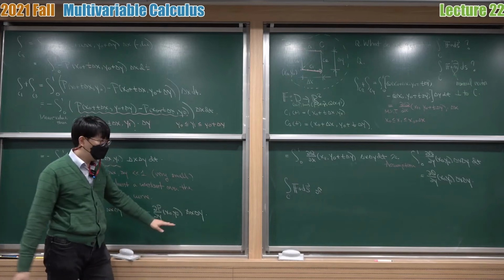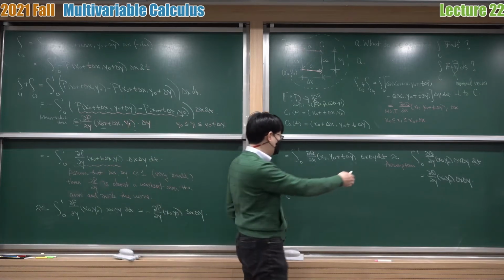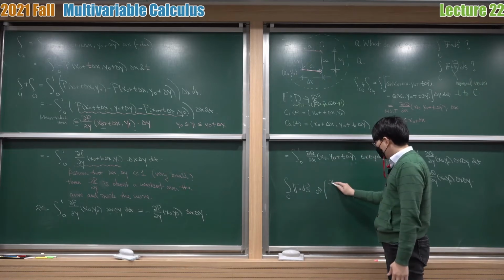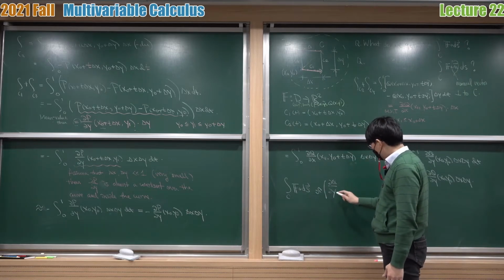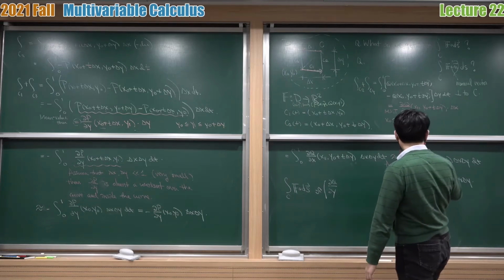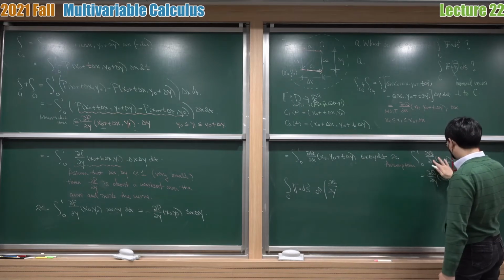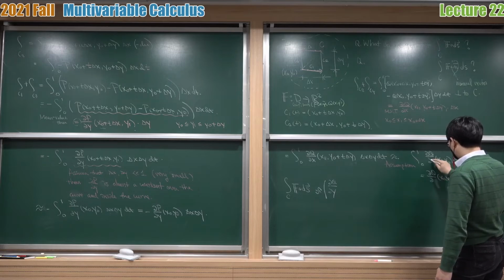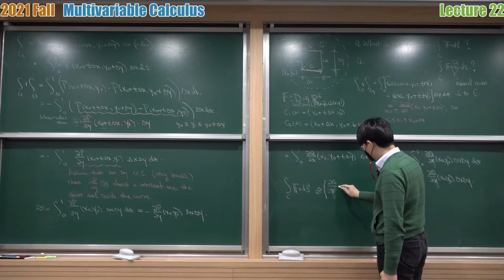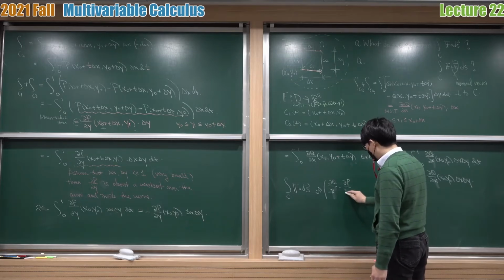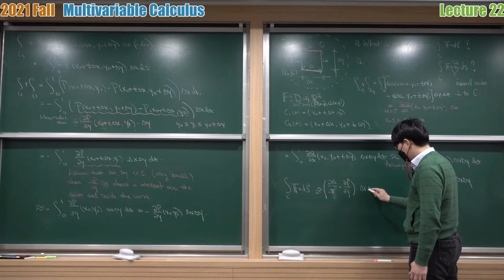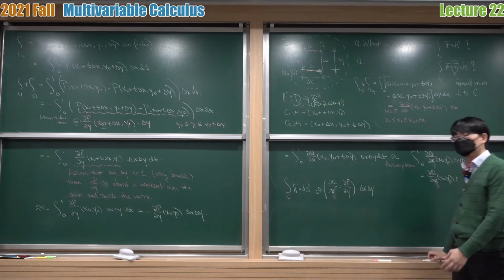This one and that one. These two contain Δx and Δy. This is x, this is y, and ∂p/∂y Δx Δy.